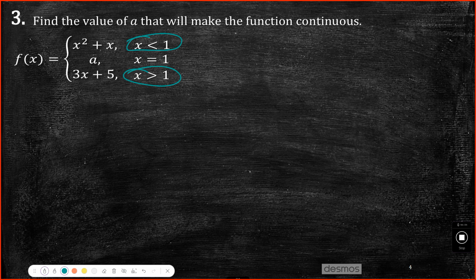So if we set them equal to each other, we get x squared plus x equals 3x plus 5. And plug in 1. Let's plug in 1.